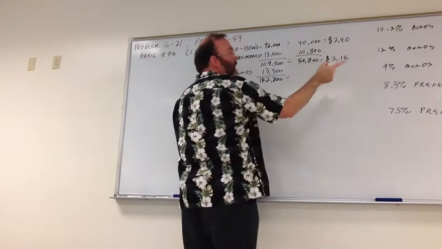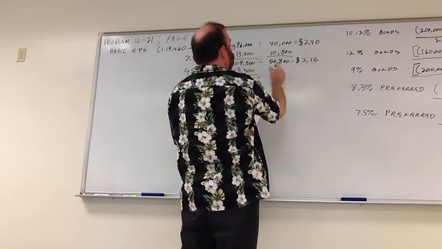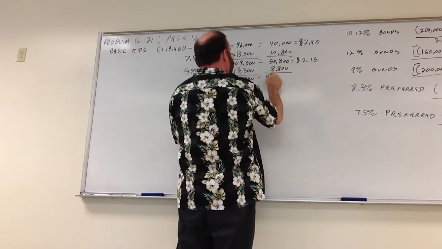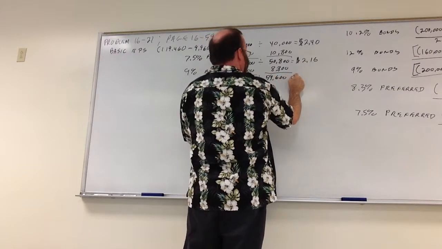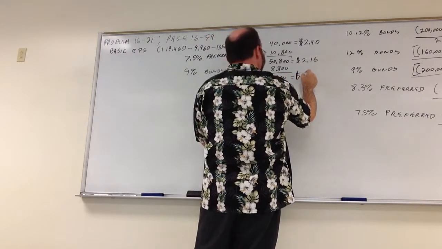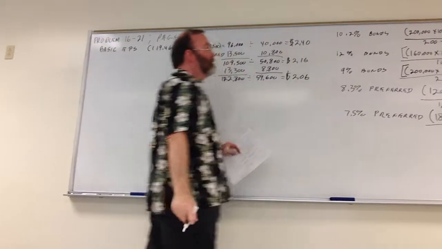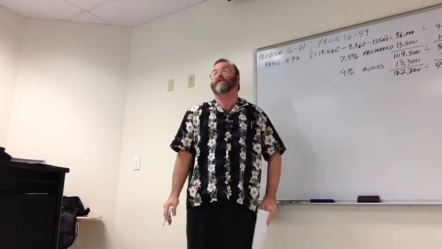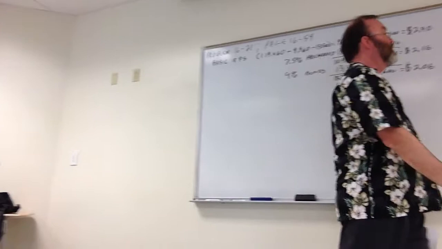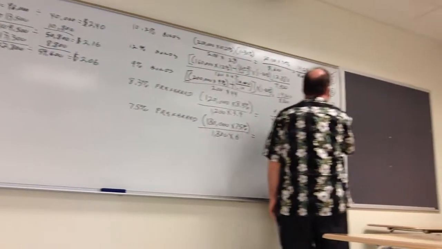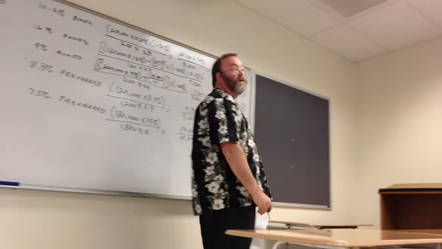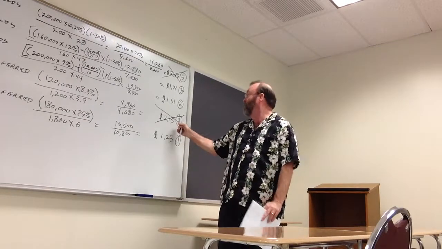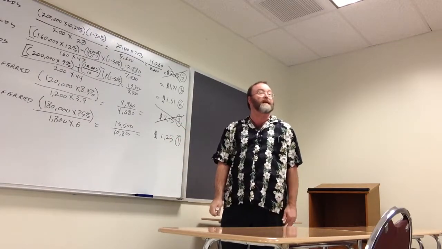We're going to divide that by 8,800 as the denominator. Now we're at 59,600 for a new diluted earnings per share of $2.06. What does that tell us? The 8.3 preferred is now off our list forever. We're never going to get to it because we're at $2.06. That one has an impact of 2.13.